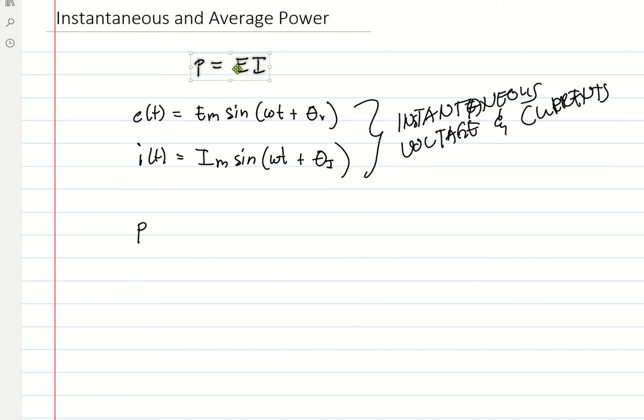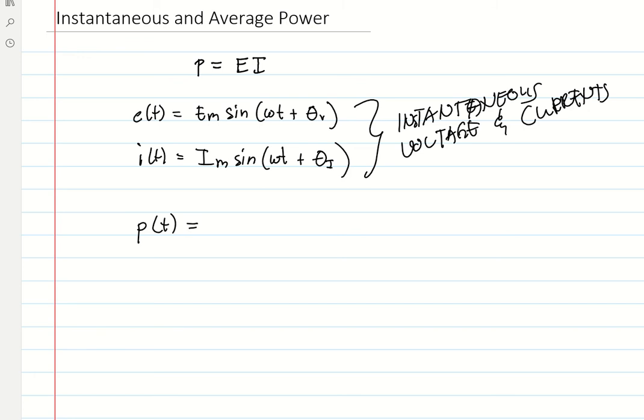It means that in DC circuits these are the average values, while if it's a lowercase letter, it means it's an instantaneous quantity. So, for example, this one, the power p of t, small p in time domain.